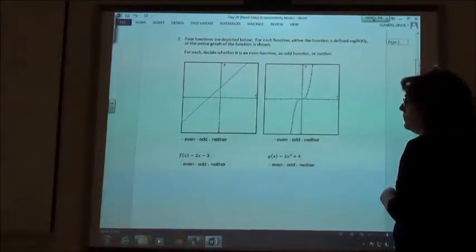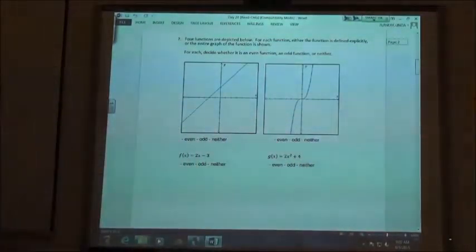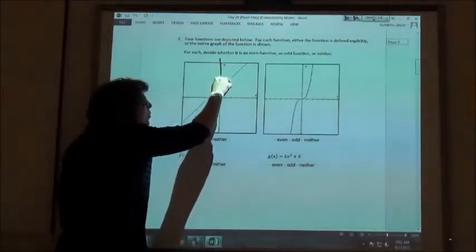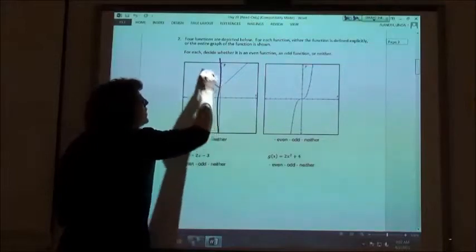So, number 2. Do you think that one's an even, an odd, or a neither? I'm thinking it's even. Nope. Because if it's even, what do we have to do? We have to be able to split it right down the y-axis, and it has to reflect across that. So it has to go like this.